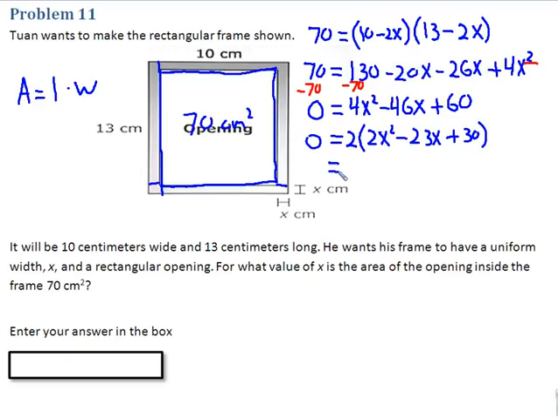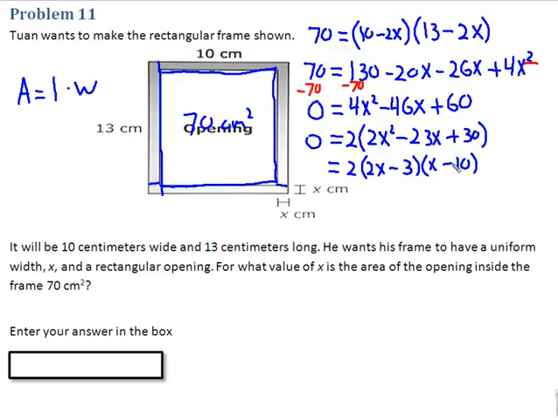Then we can continue factoring from there. We'll have the 2 out front. Looks like we'll have a 2x and an x for the 2x squared. And now the factors of 30 that also give me the negative 23 when I multiply one of them by 2. We could guess and check at this for a while, but what I'm going to end up using is a negative 10 and a negative 3.